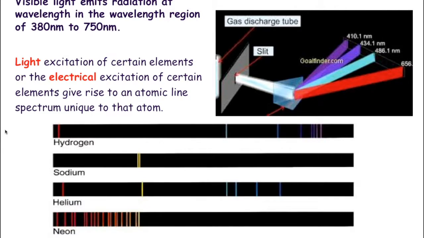There are actually other colors in the ultraviolet and in the infrared, but we can't see them, so they're not shown here. This is sodium, a yellow-orange color. This is helium, this is neon, and this is mercury. Scientists were perplexed as to the origins of these atomic line spectra, these specific wavelengths of light coming out of the atom. It must have given clues as to how the atom is built.